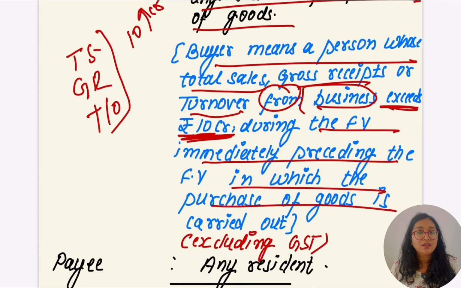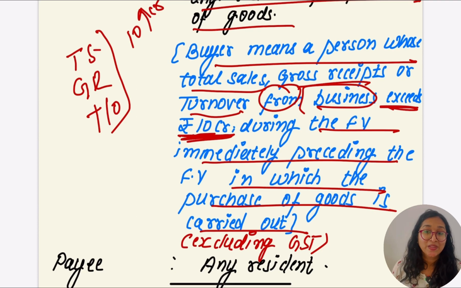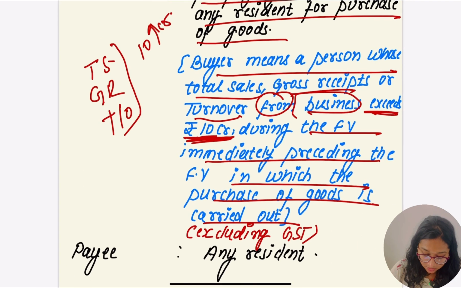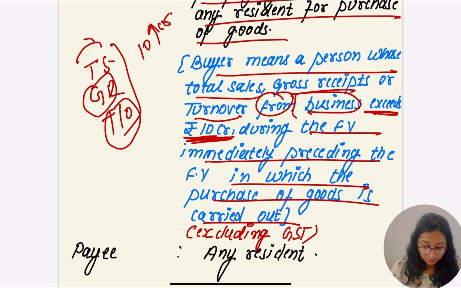But this amount should not include the GST. Which amount? Let me read it again: the turnover, the gross receipt and the total sale. This amount should not include the GST here.